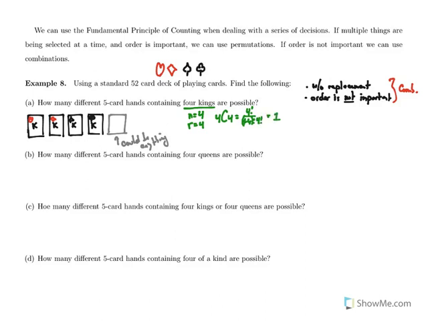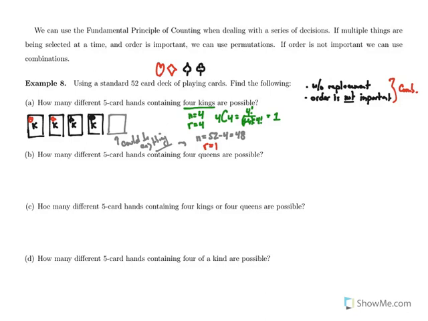There's one way to choose 4 things out of a possible 4 things. But then our last card, which could be anything, there are 52 cards total, but we're not going to choose any of the kings. We're going to get rid of them. We have 48 cards left, and we're going to choose 1.